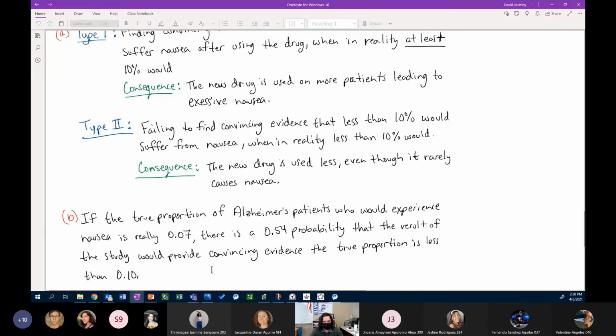So again, the power is the probability of finding convincing evidence of the alternative given the actual parameter value being something, like in this case, p equaling 0.07. So if that's the true proportion, then our test has a 54% probability of finding convincing evidence.